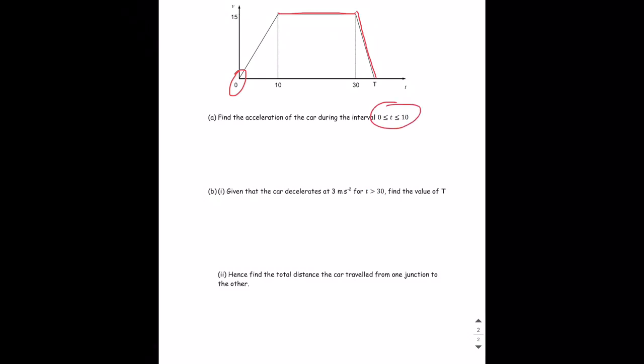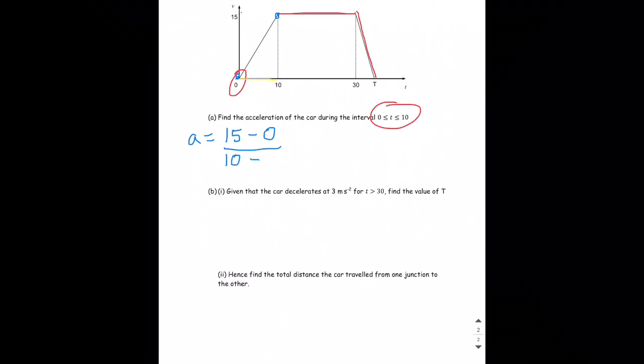Okay, so what's the rate of acceleration in the first 10 seconds? Again, acceleration is just given by the gradient in this case. So your difference in y's, well, it goes from 0 to 15 over the 10 seconds.